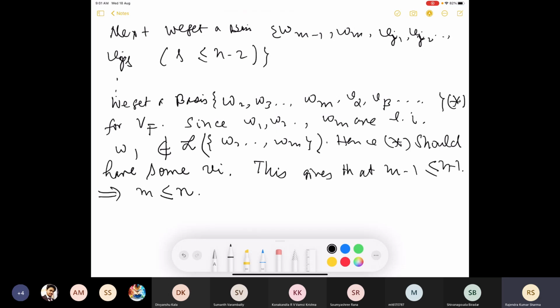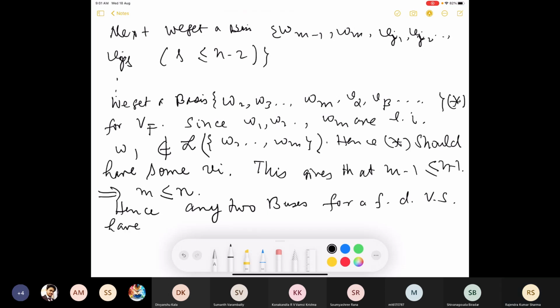And naturally now you can prove that any two bases for a finite dimensional vector space have the same number of elements.